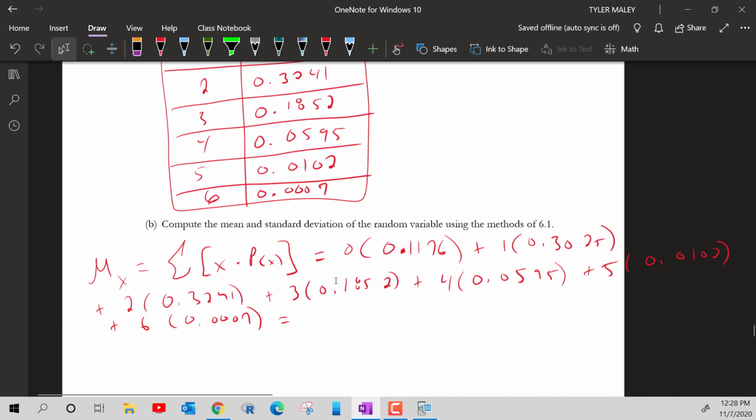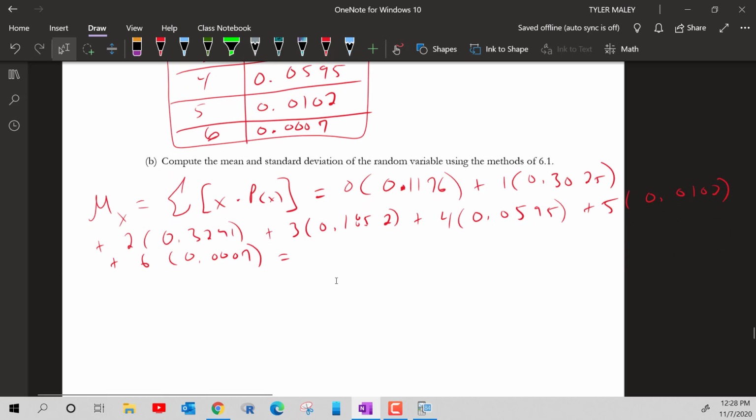Right, we want to multiply those and add those up. If you put that in your calculator, you should get 1.8.